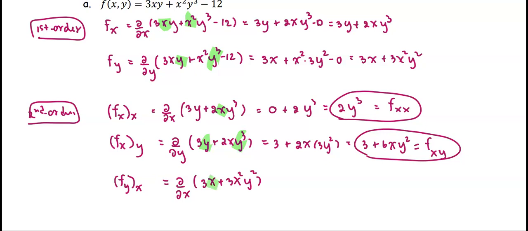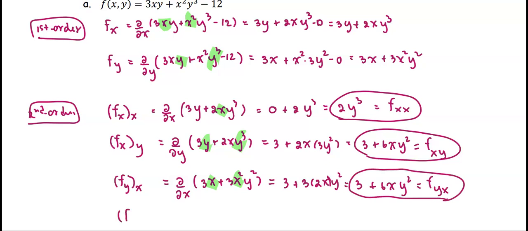With respect to x will be treated as the variable. Then the first term is going to be 3, second term is going to be 3 times 2x times y to the second, or becomes 3 plus 6 times x times y to the second as f subscript y x.